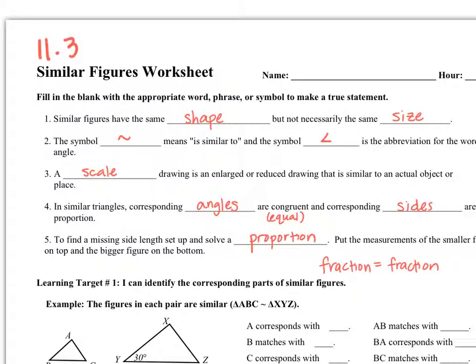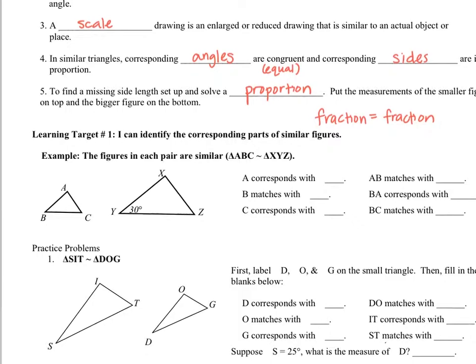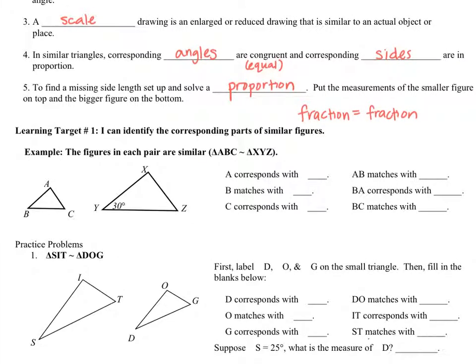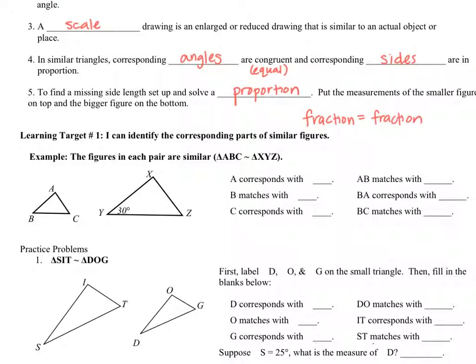So let's look at how these angles and these sides correspond, and then I'll have you practice a couple of these, right? Knowing how these correspond is crucial to setting up your proportions, because if you don't know what corresponds with what, you won't be setting up your proportion correctly.